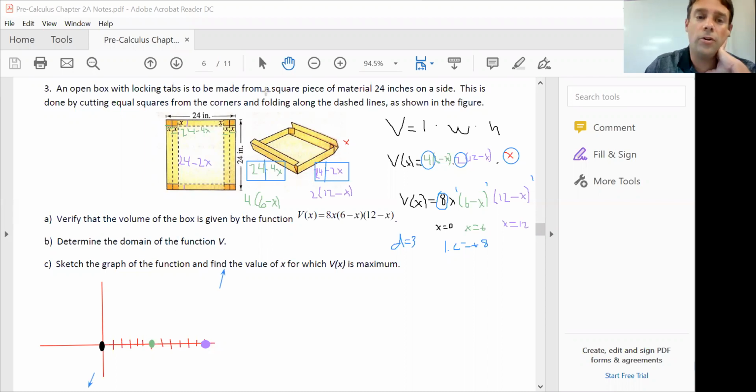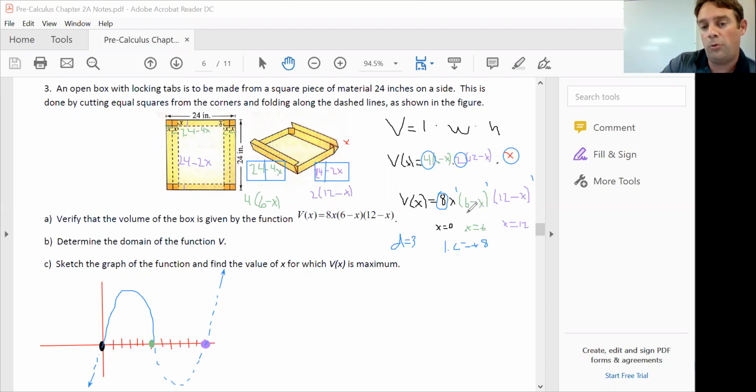So notice, if I'm below the x-axis, that means I'm in negative volume, right? So we know that's not really the case. So here we go. I have a volume, but I'm negative volume again. Well, that can't be the case. And therefore, that can't be the case. Well, the only values I'm left with are between 0 and 6.